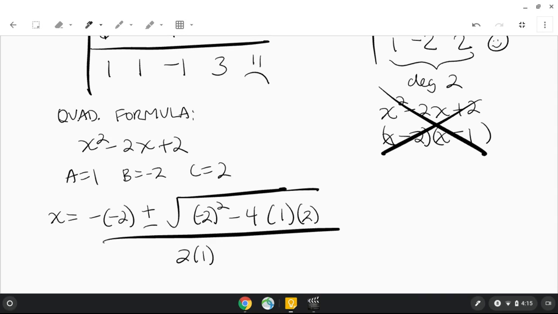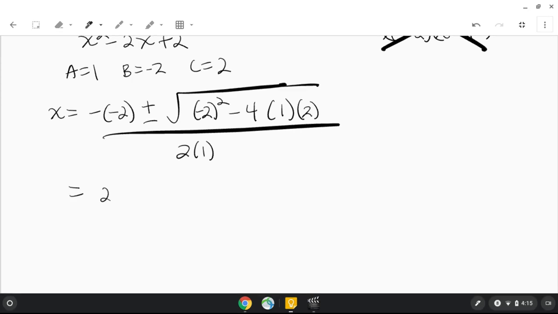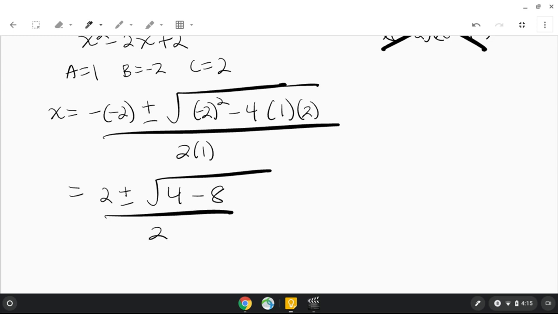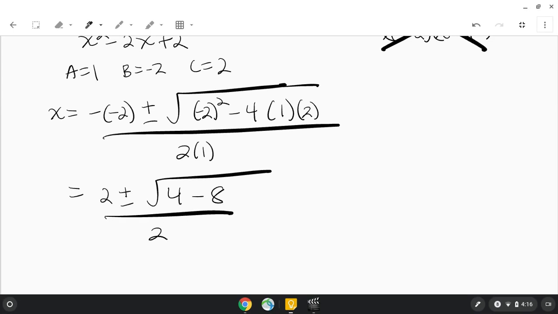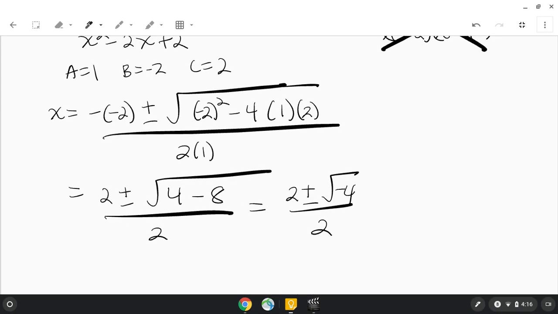So we get 2 plus or minus the square root of 4 minus 8, all over 2. And this will give me 2 plus or minus the square root of negative 4, over 2. And the square root of negative 4 is going to be 2i.